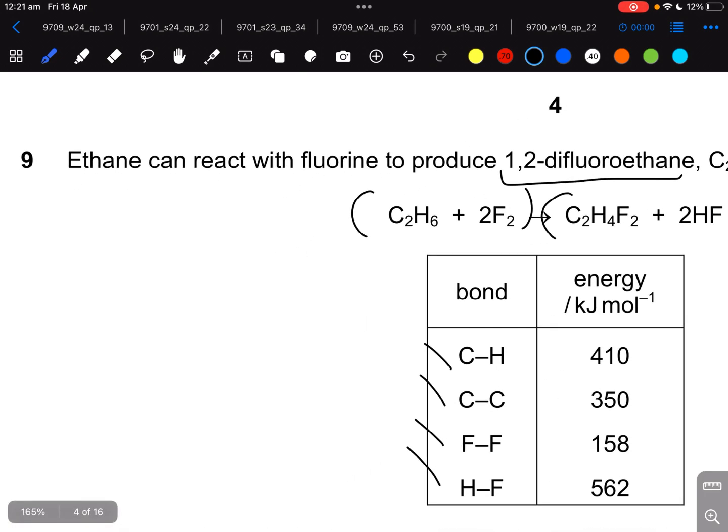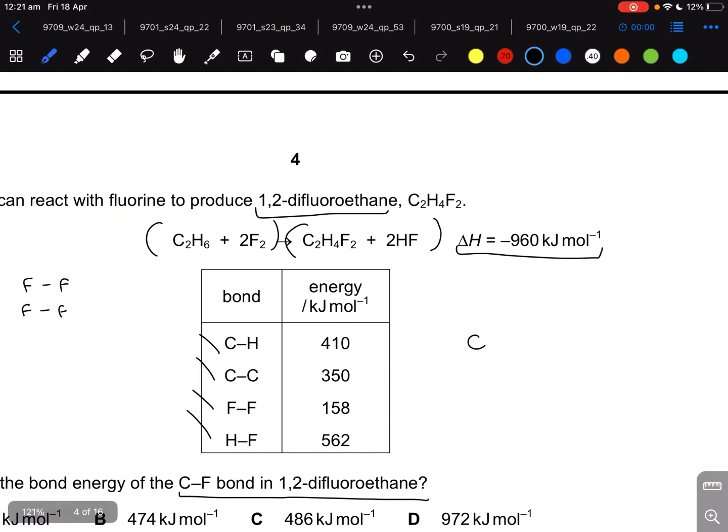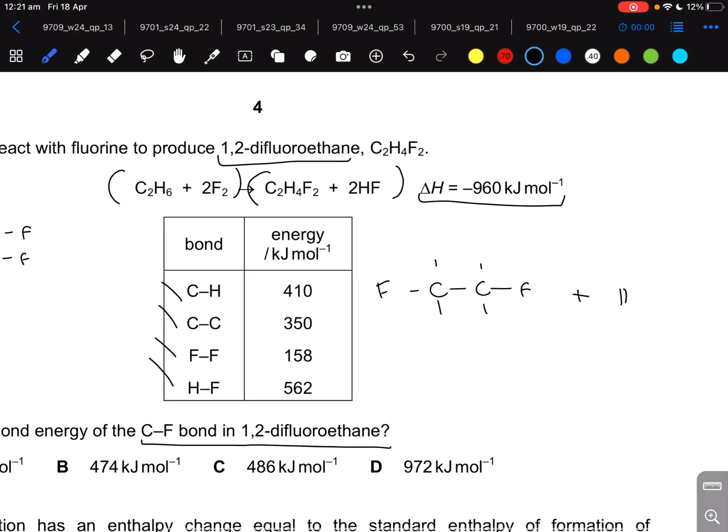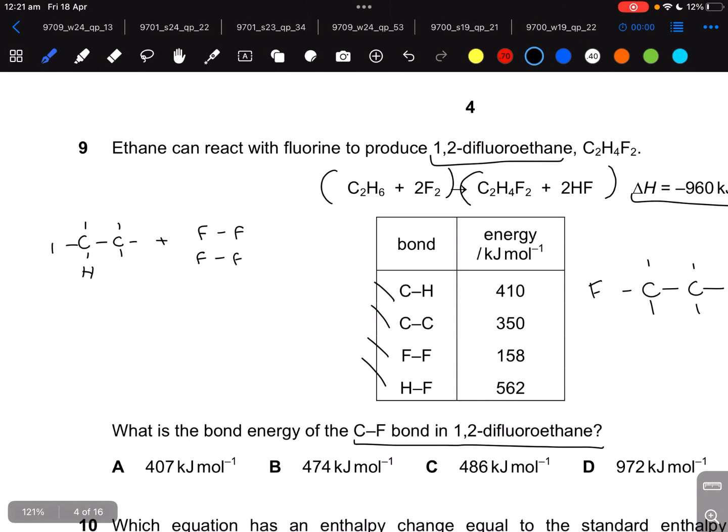Okay, so let's look here at the bond breaking. So I have C2H6 plus 2 fluorine molecules, and then you're forming C2H4F2 plus an HF. It doesn't look like every bond is being broken, only a number of bonds are being broken.